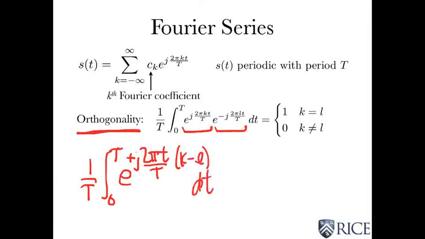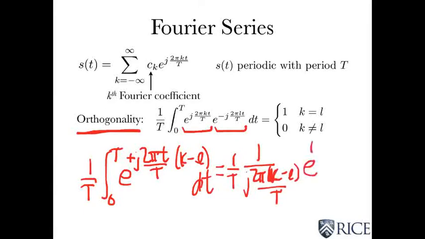We just have to bring down the quantity multiplying t, put that in the denominator, and the integral gives us back the exponential, of course, so we get 1 over T, 1 over j 2 pi (k minus L) over T times the same thing, except now it's evaluated from 0 to T.